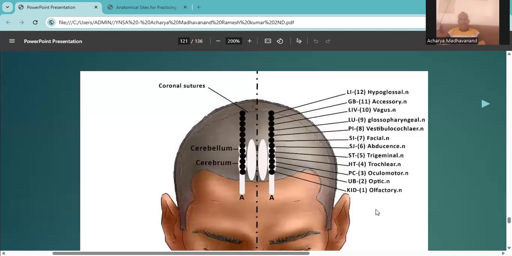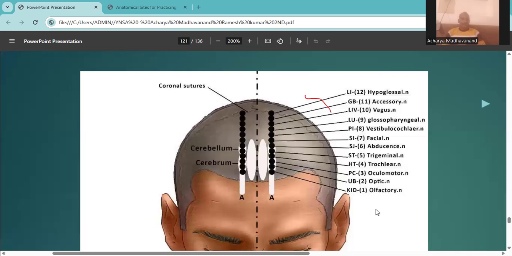And in this, you see the vagus nerve point. This point is number 10 in this. It is a very important point for all types of body movements and all types of muscles, because it treats all the parasympathetic movements and all the deficiency of organs.